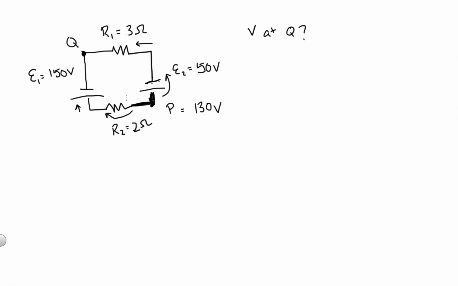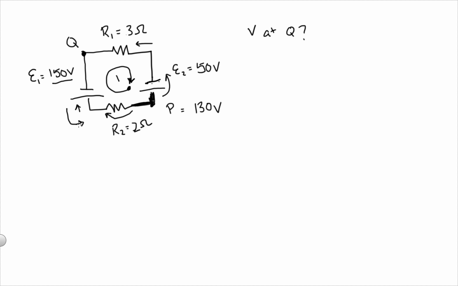And so the first thing we can compute is our loop. For the example that I laid out for you, we started our loop at P, and we're going to go this way. We're going to do a complete loop through the circuit, and that's going to be loop 1. And let's also guess that the current, typically what I like to do is go to the larger battery, in this case the 150 volt battery, the more powerful battery.